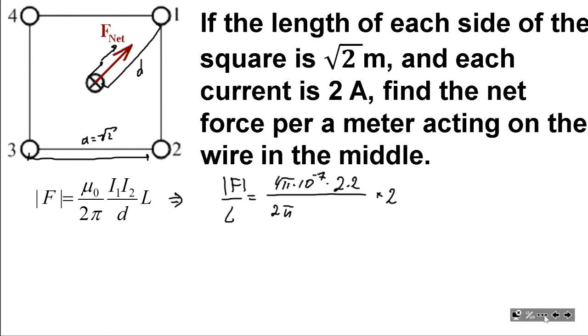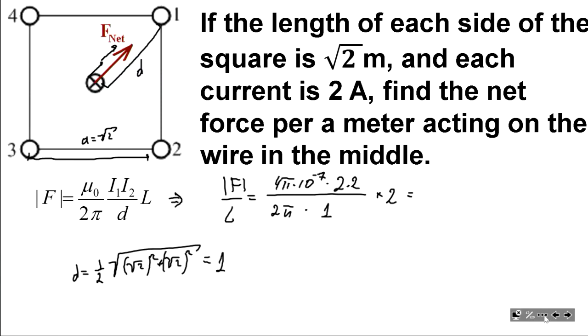So D will be equal to 1/2 a diagonal, and diagonal will be equal to square root of square root of 2 squared plus square root of 2 squared, which is, I want to believe it's 1. This is when our beliefs come true. That's it.